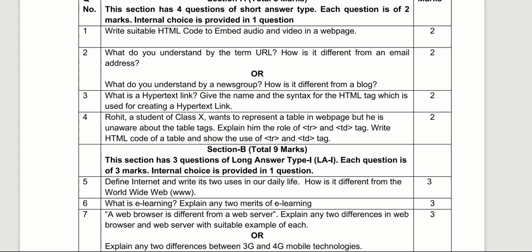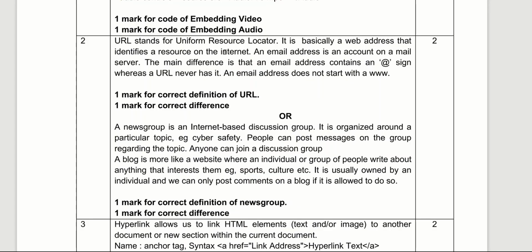So let's see answer number 2. URL stands for Uniform Resource Locator, which is a web address. It identifies a resource, whereas an email address is an account on a mail server. The main difference is that an email address has an @ sign, whereas a URL never has it, and an email address does not start with www.